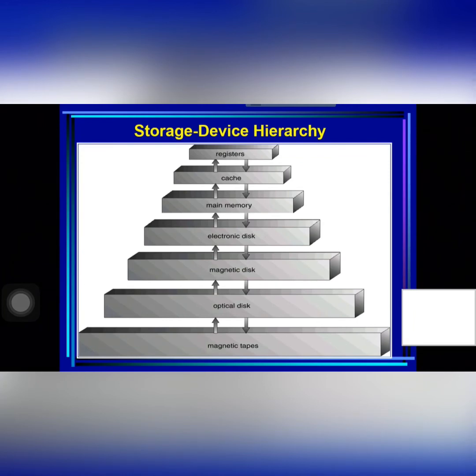In the absence of expensive battery and generator backup systems, data must be written to non-volatile storage for safekeeping. In the hierarchy of this picture, registers, cache, and main memory are volatile memory. And the electronic disk, magnetic disk, and optical disks are non-volatile.